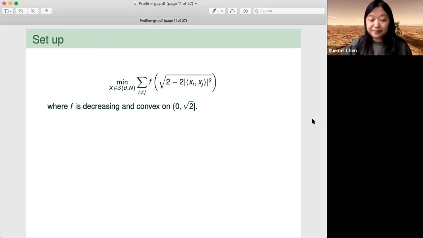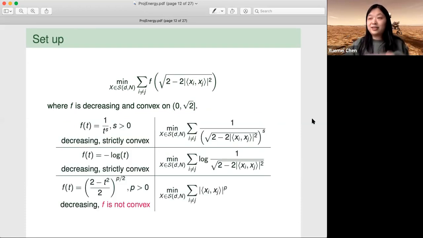Okay, so that's the general setup, and here are several examples. We can pick this kernel function to be t to the negative s power, or 1 over log, or the log of 1 over t, or this function, because if we use this particular kernel function, we recover the p-frame potential.